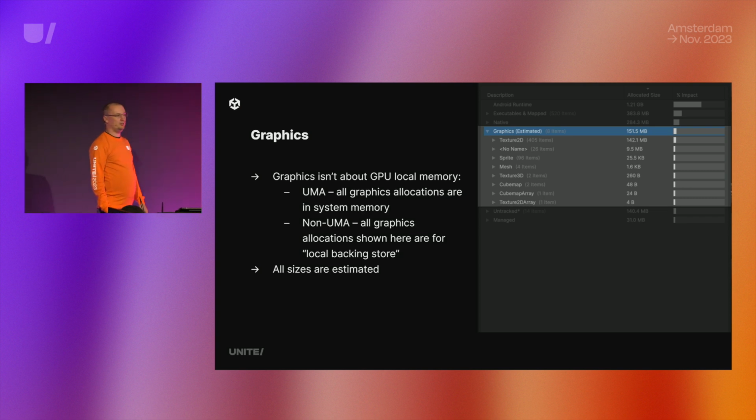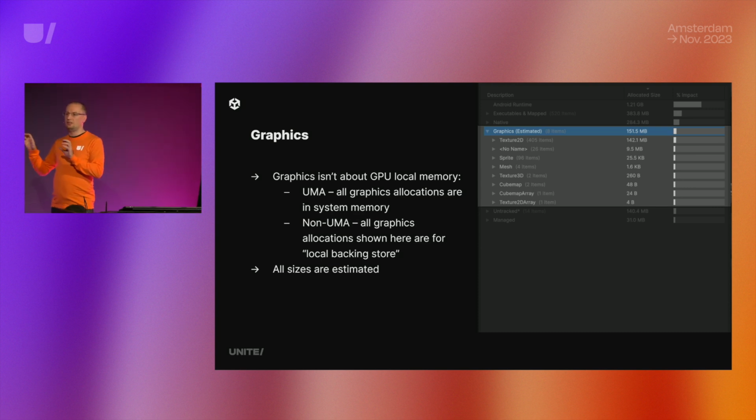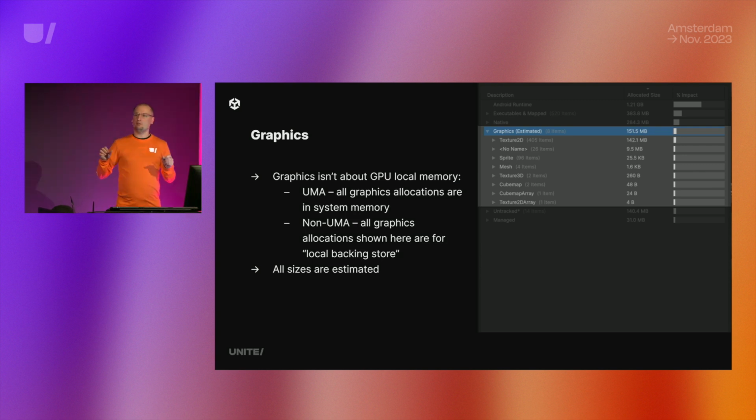So we take information about resources we know has been allocated, like texture width, height, bits per pixel, any additional information about format, and we estimate how much memory they will be taking. So that altogether allows us to estimate how much memory has been allocated by graphics resources.